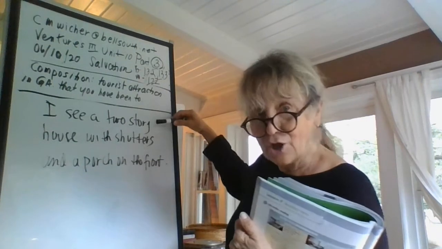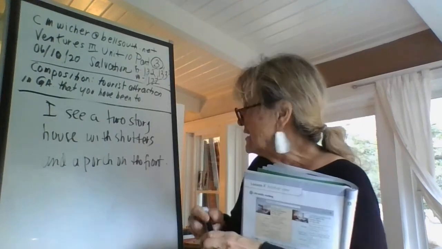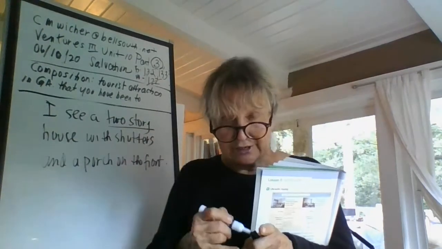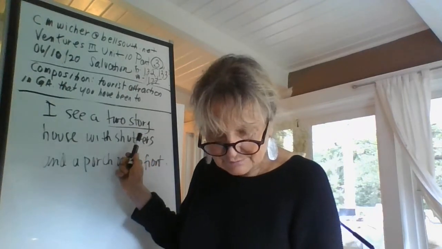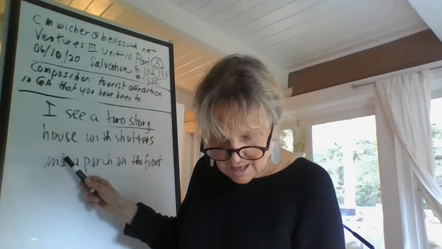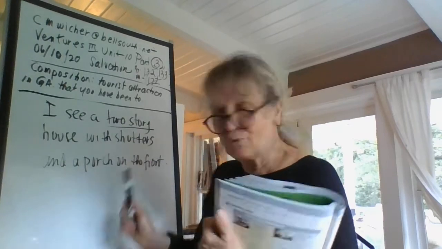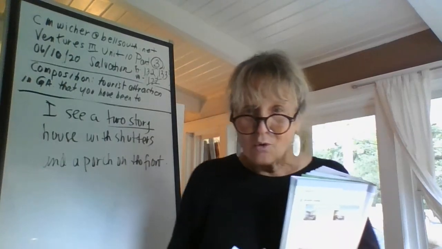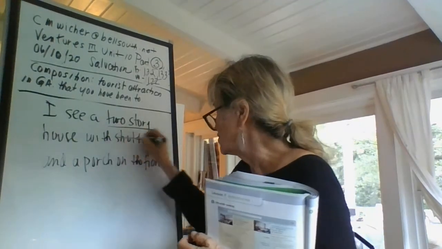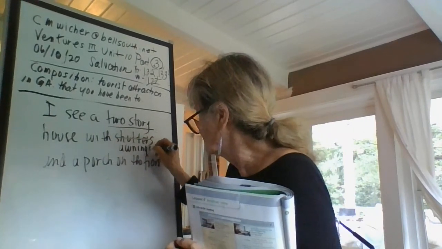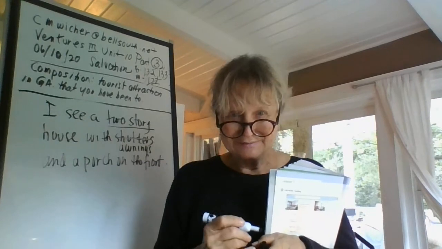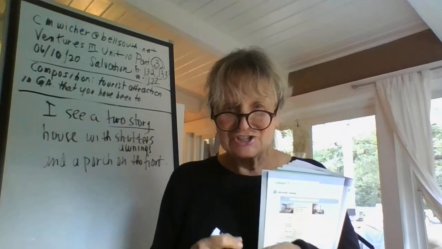So a lower level and an upper level is called a two-story house with shutters and a porch on the front. Or actually, instead of shutters, they could be awnings. A-W-N-I-N-G-S.